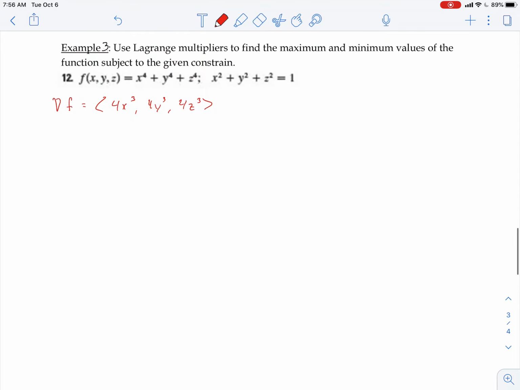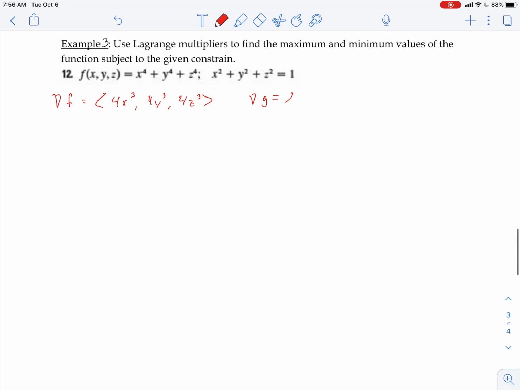And then g is just x squared plus y squared plus z squared, g of x, y, z. So the gradient of g is going to give us 2x, 2y, 2z. And again, using Lagrange multipliers, there's going to be a lambda, and I'm going to put my lambda on the outside. Now, let's set the components equal to one another.